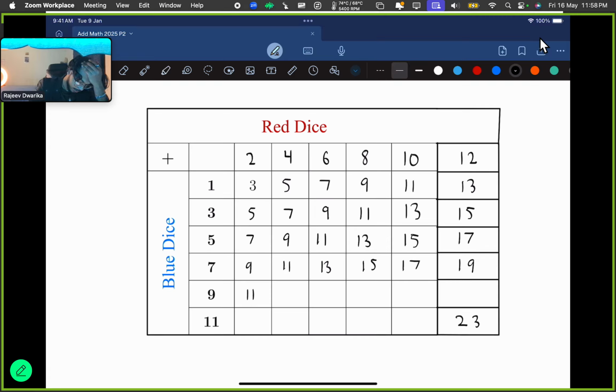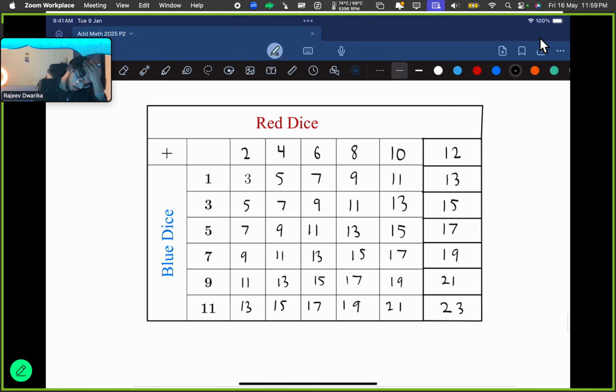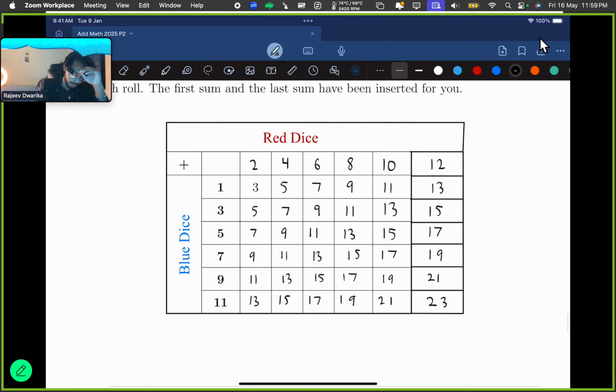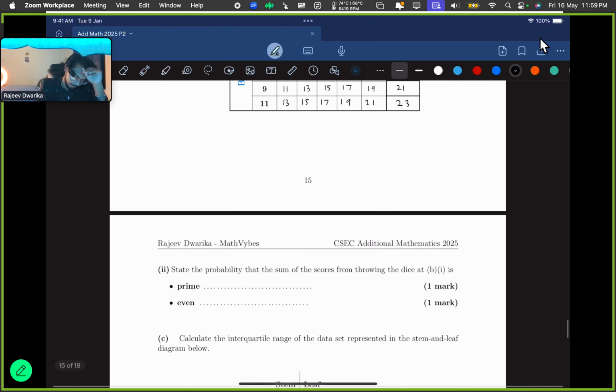This is going to be 11, 13, 15, 17, 19, 21. And then 13, 15, 17, 19, 21, and 23. Right, so that makes sense. We have the whole table there.